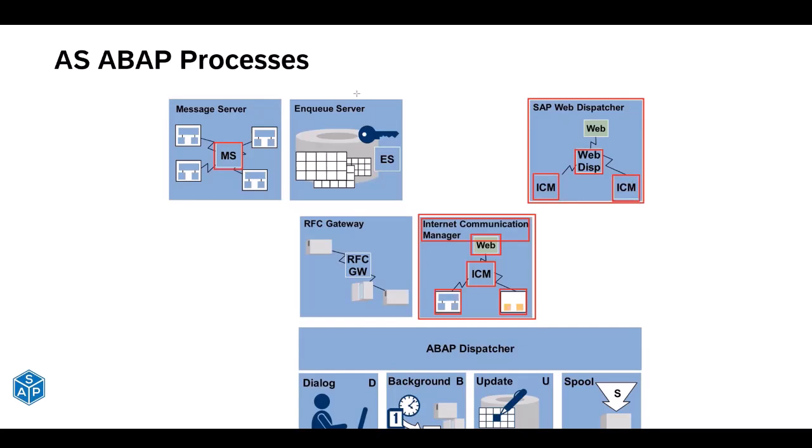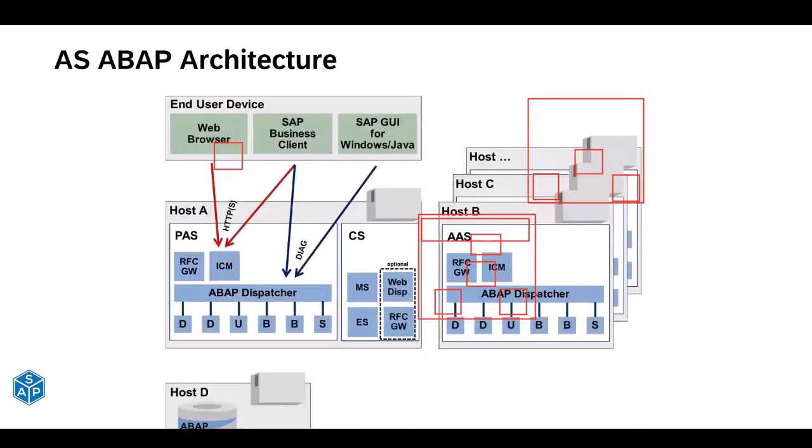Okay, if you see the previous screen over here, ultimately from ICM, it is going to the web dispatcher only, correct? If you have a web dispatcher in place, then only it will go to the web dispatcher. If you have not installed the web dispatcher at the time of installation, then there is no web dispatcher. Then where will the request go?